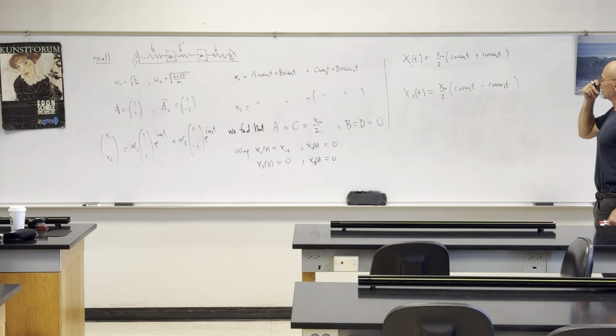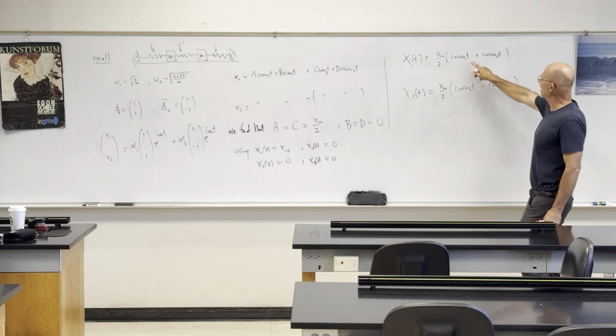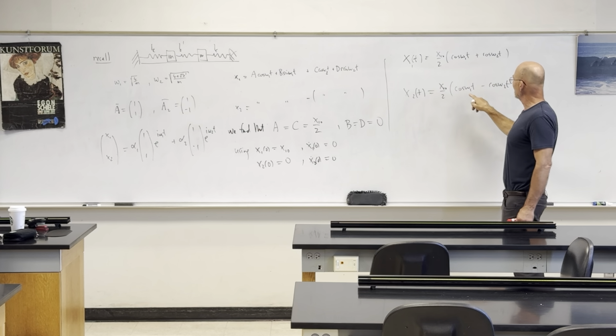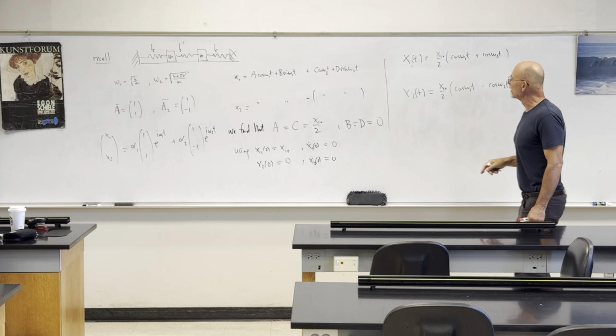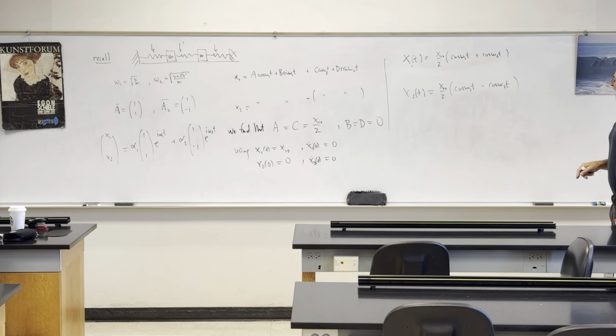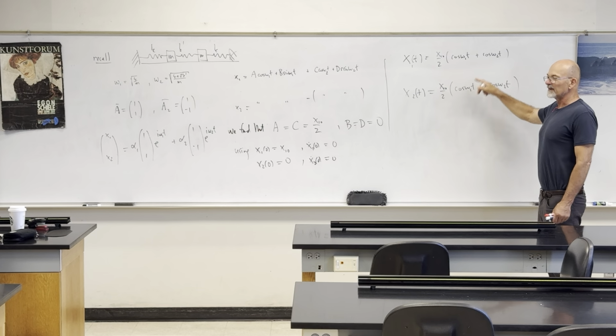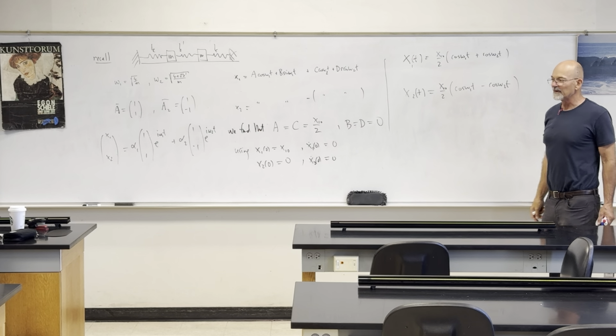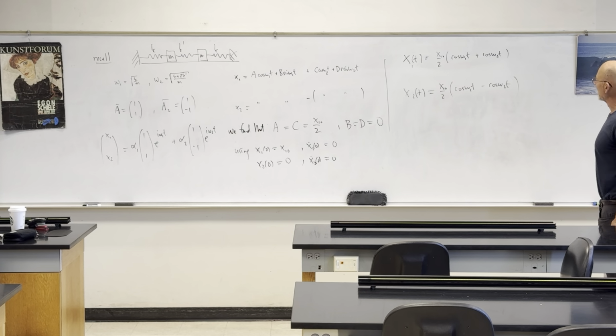Now these results, at t equals 0, you just put in 0, you get 1 and minus 1. So you're good for that. And the derivatives are all sines, and therefore the first derivative at t equals 0 vanishes. So that's a good solution.